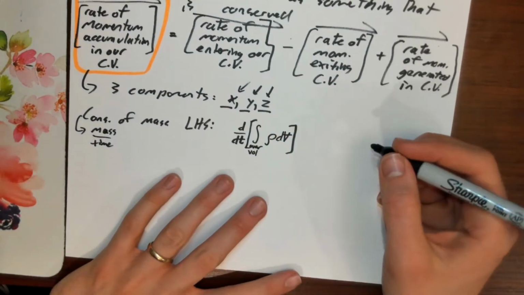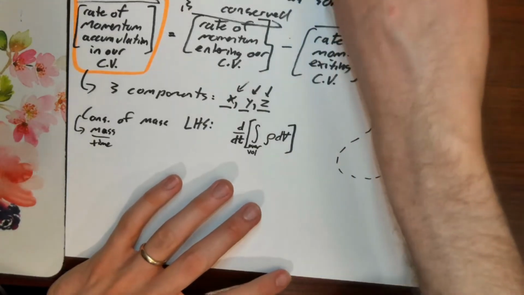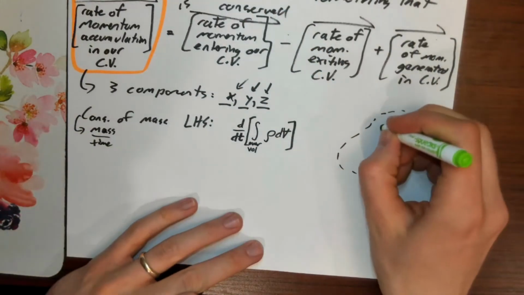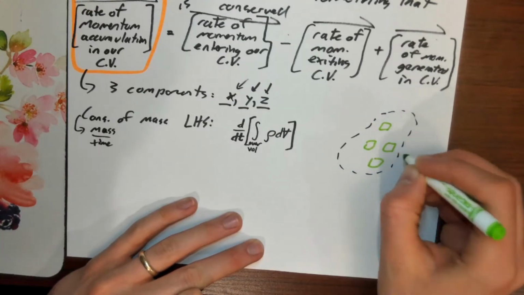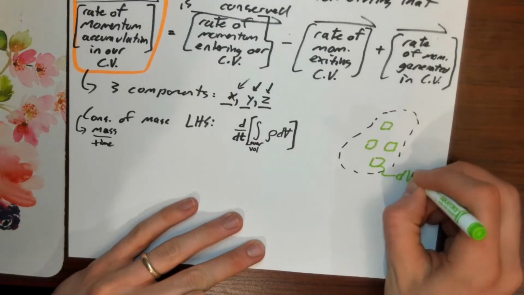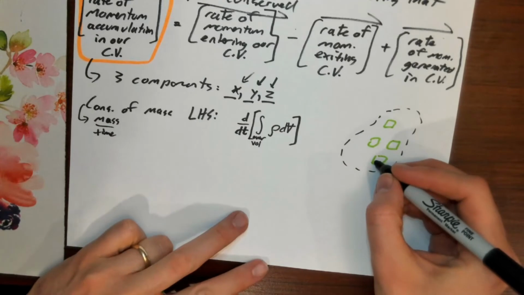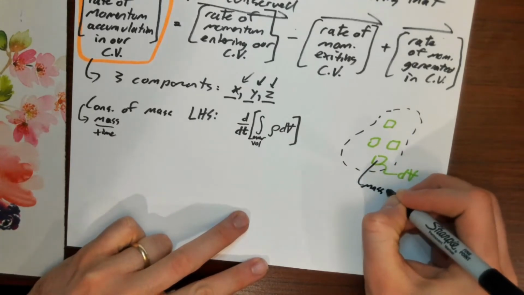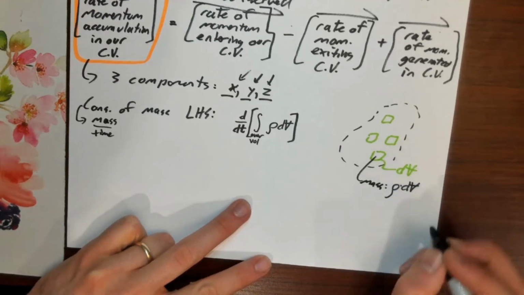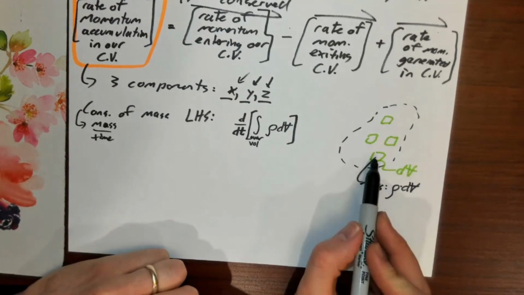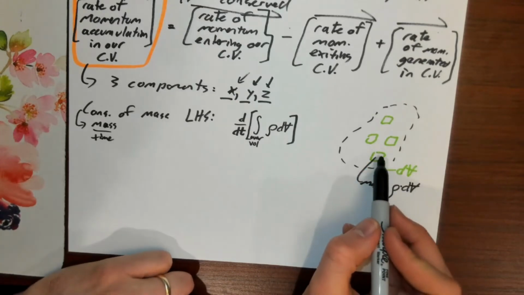And what did we mean by this? Well, we said, hey, we have some control volume. I'm going to divide up this control volume into a bunch of little chunks. And each little chunk has some volume dV. So the mass of some little chunk is essentially rho dV, right? The volume of some little chunk is dV. If I multiply volume by density, kilograms per meter cubed times meter cubed, then I get the mass of each little chunk.